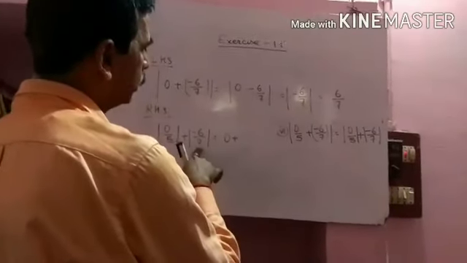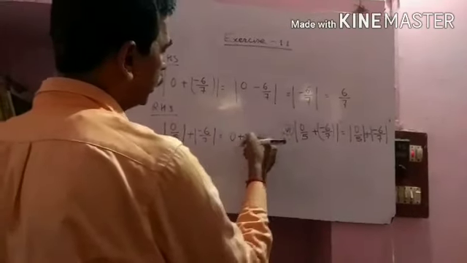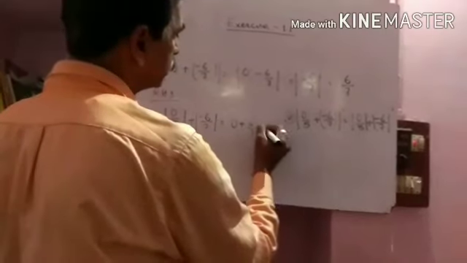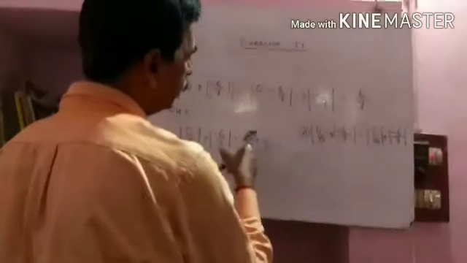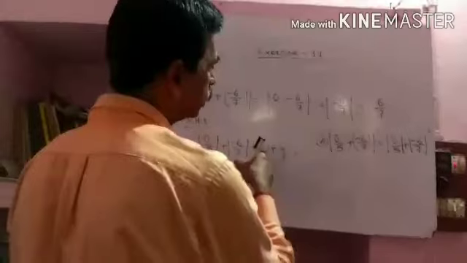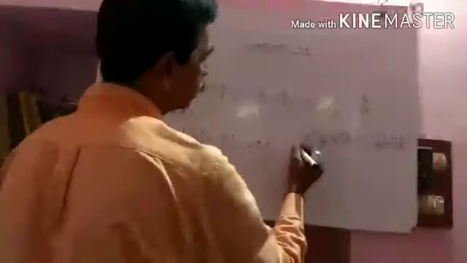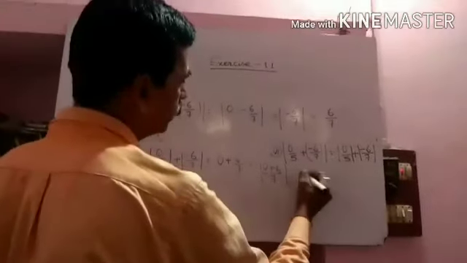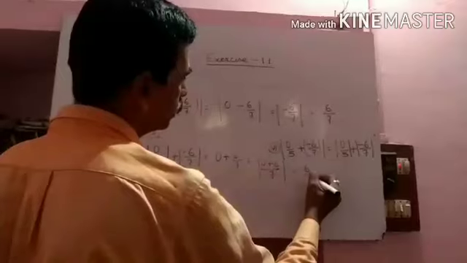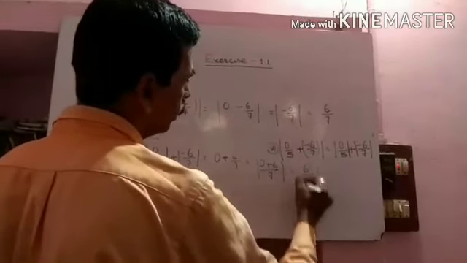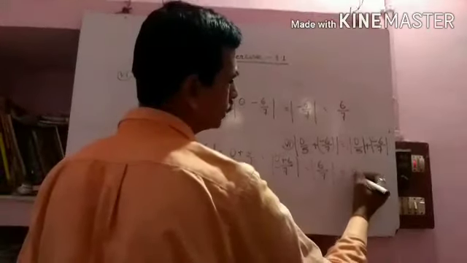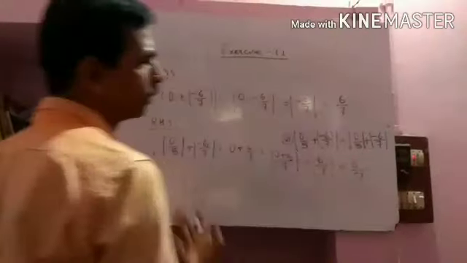This is a negative number, so after removing that mod, it becomes the absolute value of that number, which is 6 by 7. 7 into 0 becomes 0 plus 6. So it becomes 0 plus 6 by 7, and this becomes 6 by 7. And after removing that mod, the absolute value of this number becomes 6 by 7.